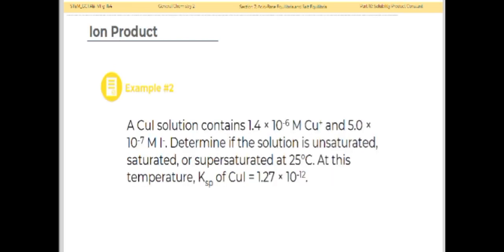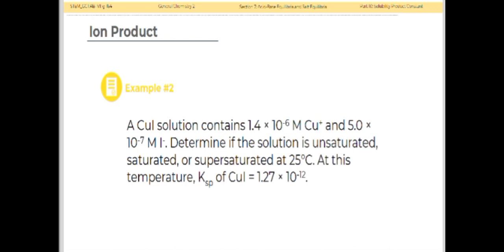So, we will go to example number 2. A cuprous iodide solution contains 1.4 times 10 raised to negative 6 molar cuprous ion and 5.0 times 10 raised to negative 7 molar iodide ion.